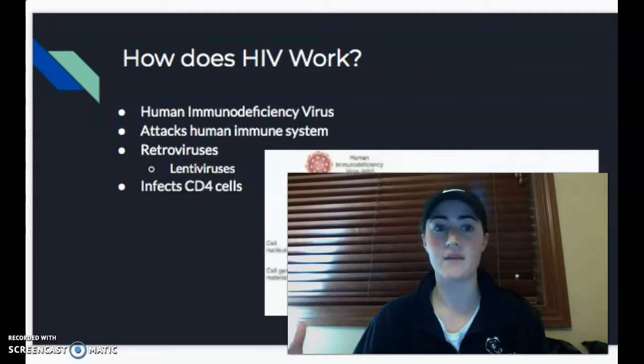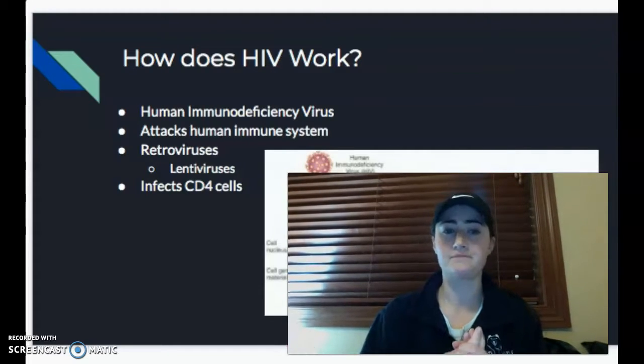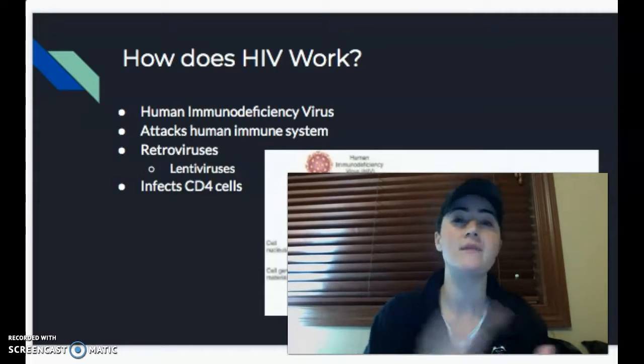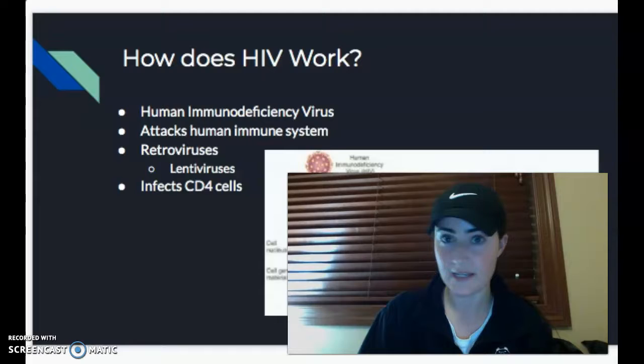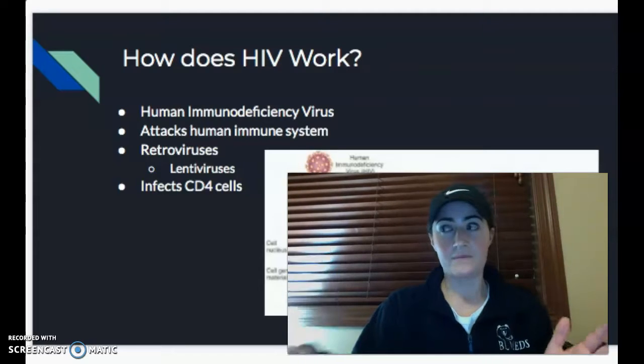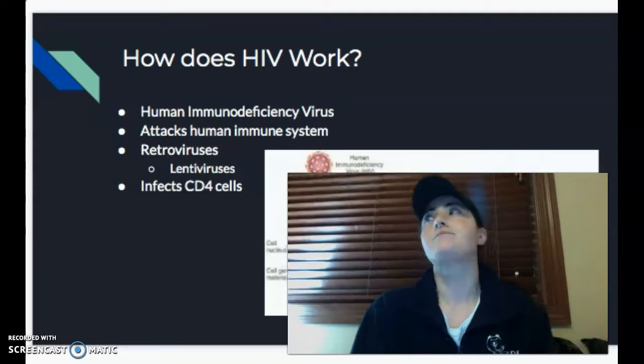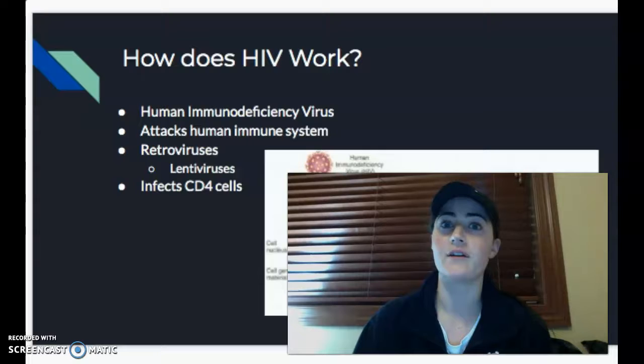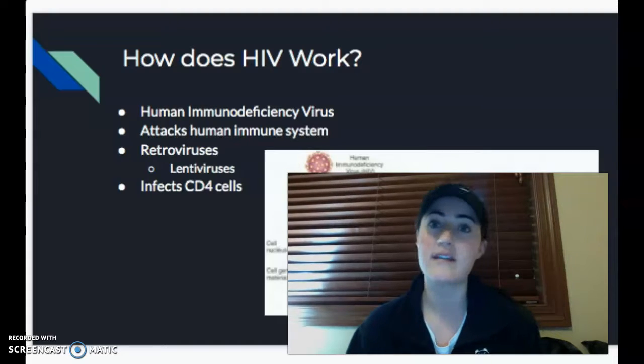Once it produces what's called retrovirus DNA, that's going to be incorporated into the host DNA. And then it can remain dormant up to like 1 to 10 years.